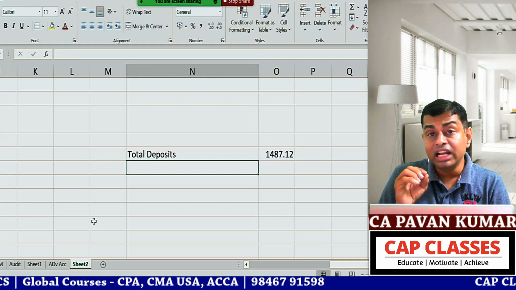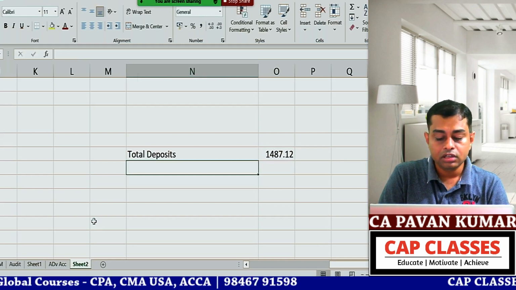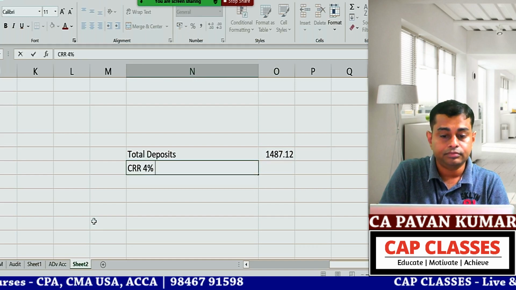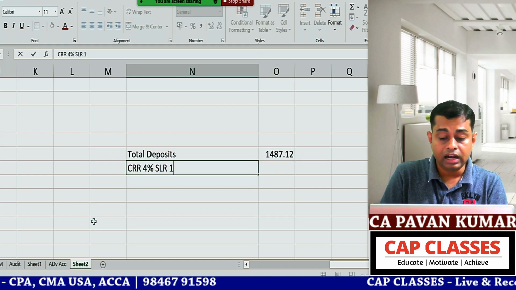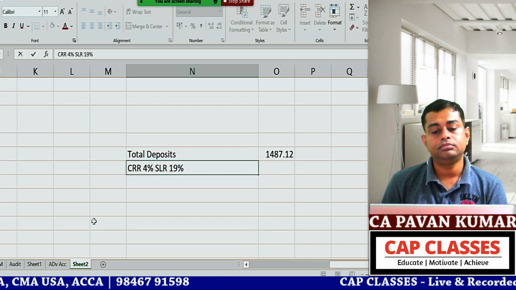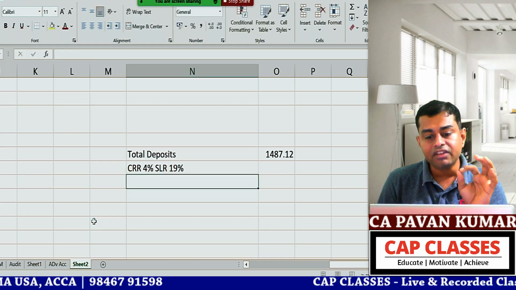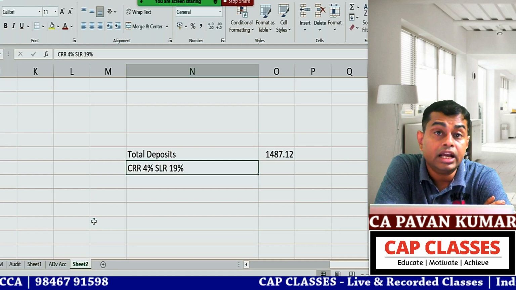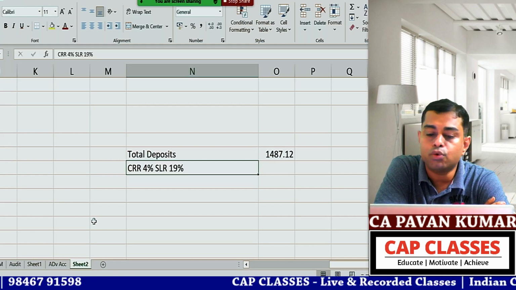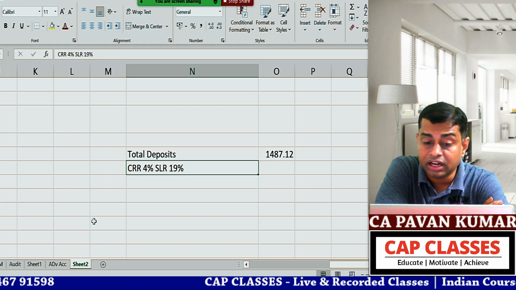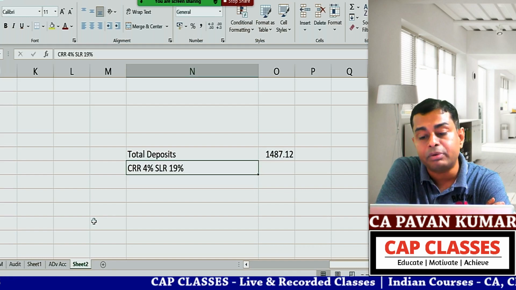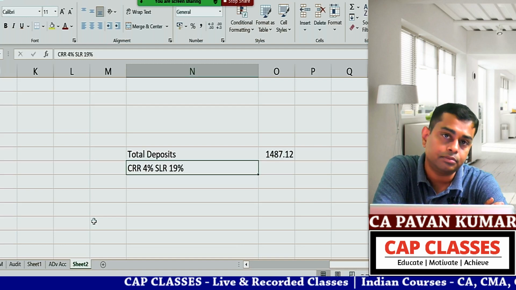What are the liquid funds to be maintained? CRR 4%, SLR 19%. If the rates are not given, these are the rates specified by RBI. If the rates are given in the question, take whatever rate they have given. If they have not given anything, take CRR 4%, SLR 19%.